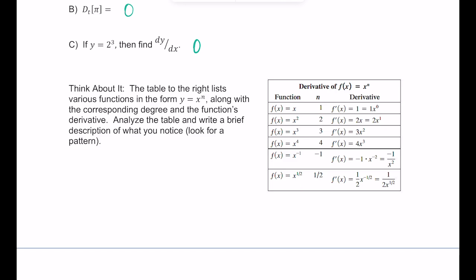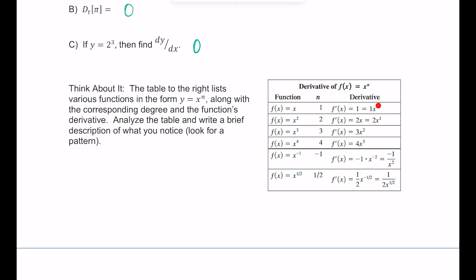While you're looking at this table, one of the things you should have noticed was that if you have a function in the form of x to the n power, the derivative is found by multiplying the exponent by the constant, and then you're going to decrease the exponent by 1.